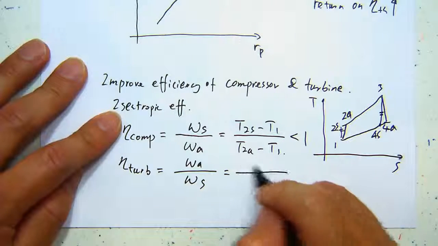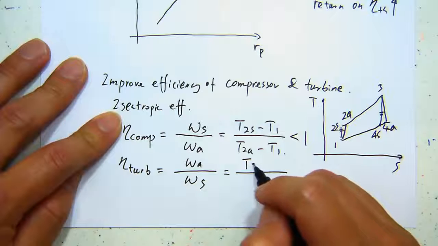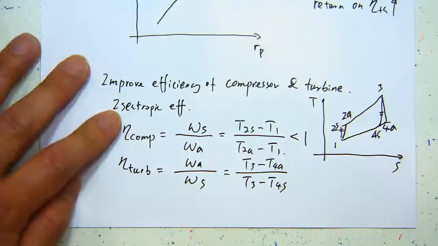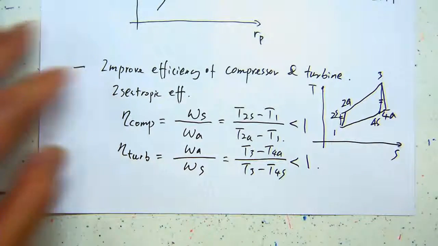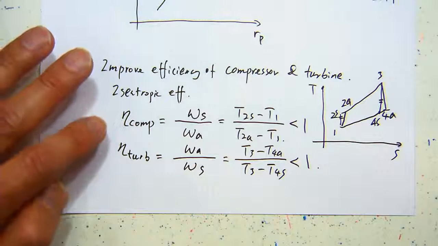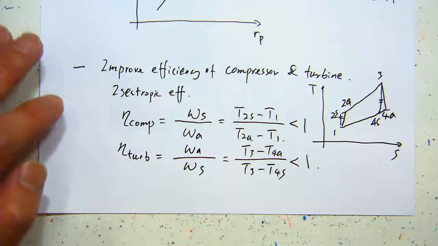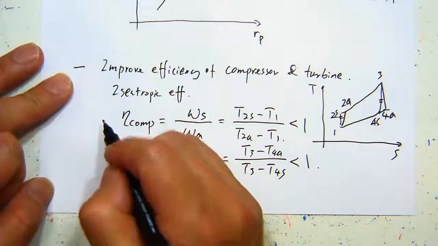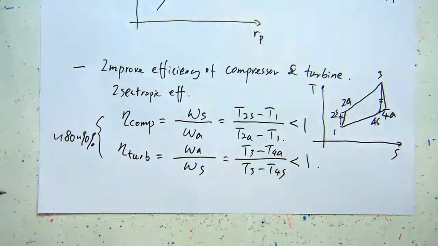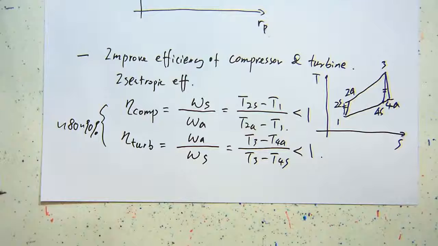You would have (T3 minus T4a) versus (T3 minus T4s). And again, this must be smaller than 1. They are relatively efficient compared to an engine, I should say. Their values are typically around 80 to 90%. But any improvement you can make for these two devices improves the efficiency of the overall cycle, right? So that's that.